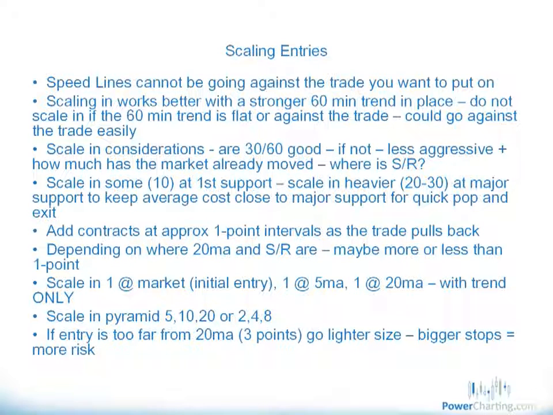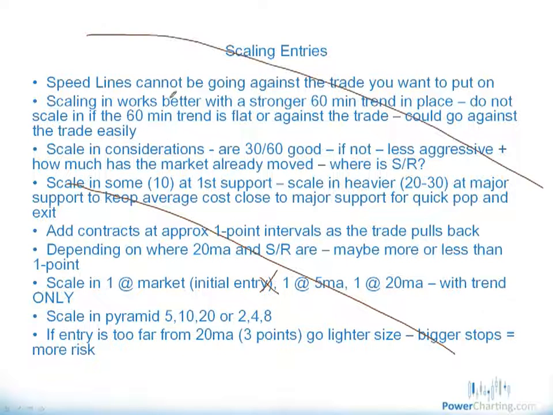depending on where the 20-period moving averages are on the support resistance levels, it may be more or less than 1 point. I use that example about pushing in, adding contracts at 1 point intervals, but the reality is, if your entry is here in the downtrend, the hourly chart's in a nice uptrend, it's way up there, you're entering on, let's say, a 5-minute downtrend, but then it goes up.